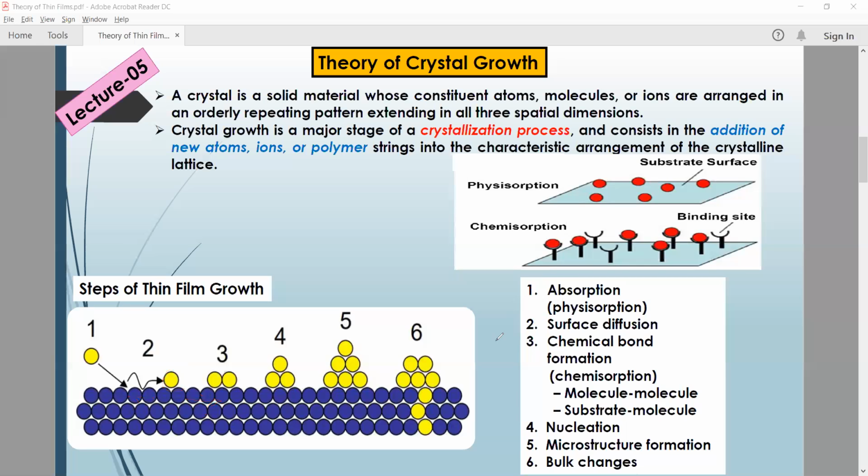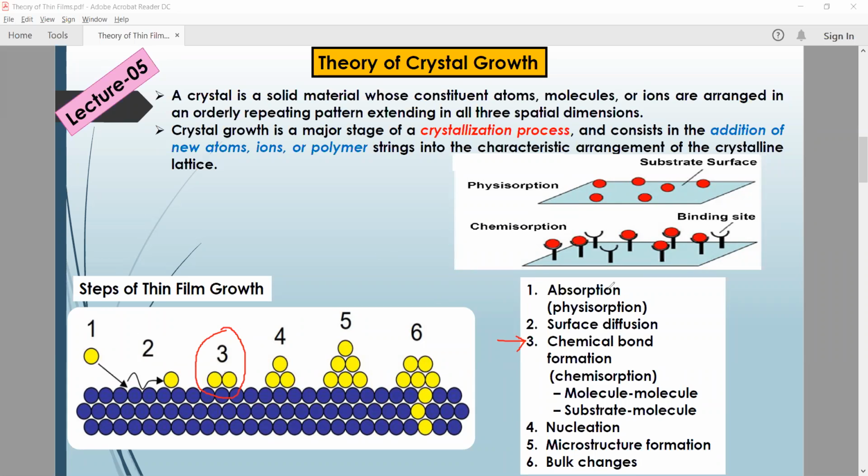Now let us move towards the point of chemical bond formation, this part. These six processes are the very important major stages during the crystallization process, during thin film crystal growth. Now we are talking about chemical bond formation.